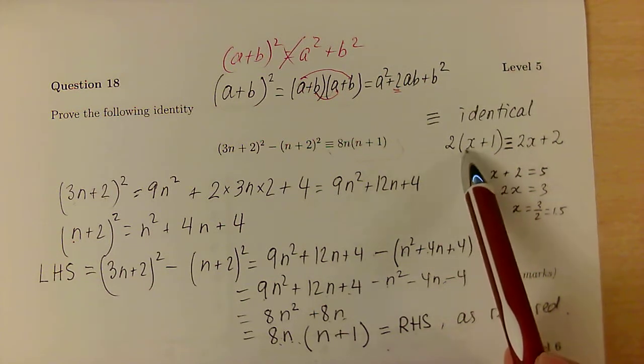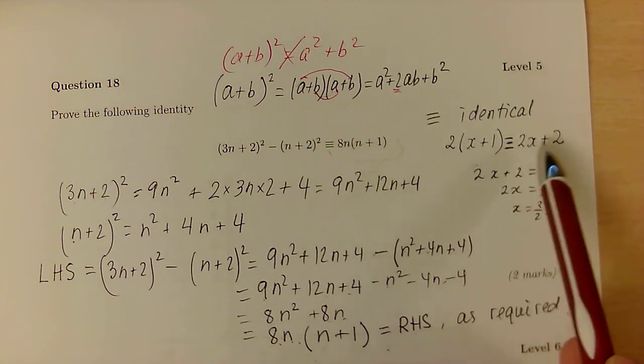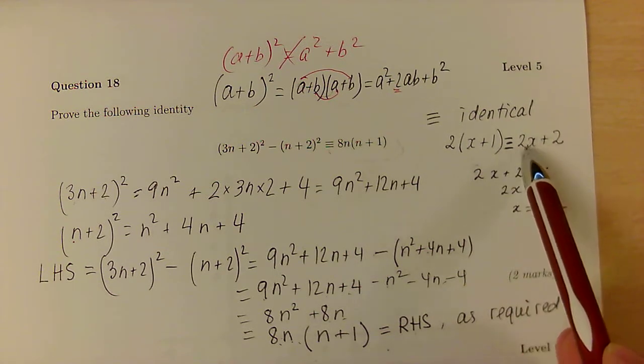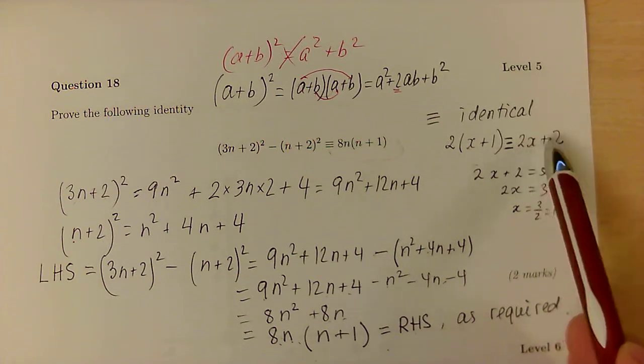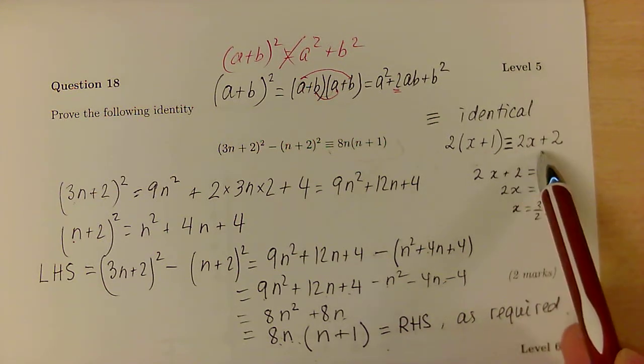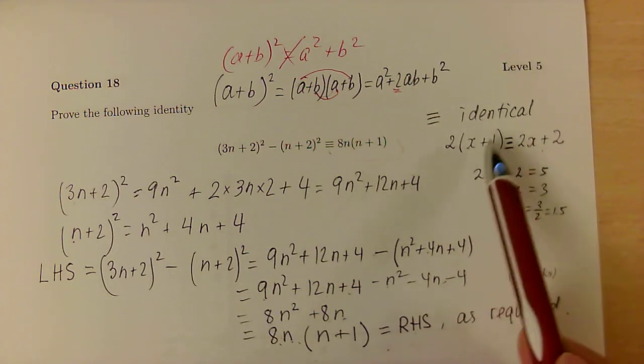Alright, check, x is 0, 0 plus 1, 1 times 2 is 2. So the left side is 2. Check the right side, x is 0, 2 times 0 is 0, plus 2 is 2, so 2 is equal to 2, right? So you can check any number, 5, 6, and so on.